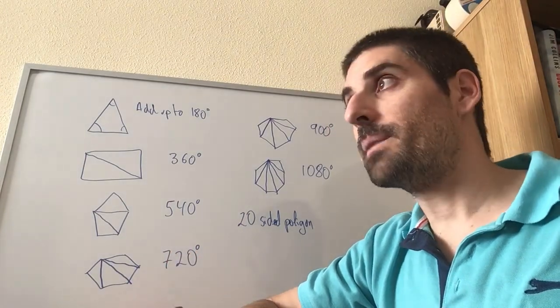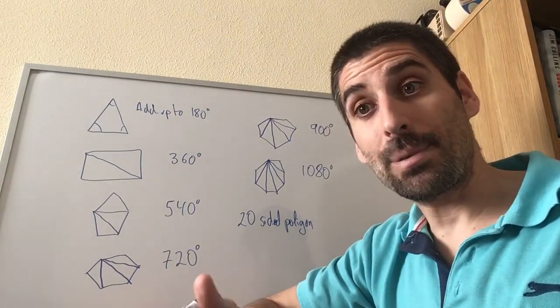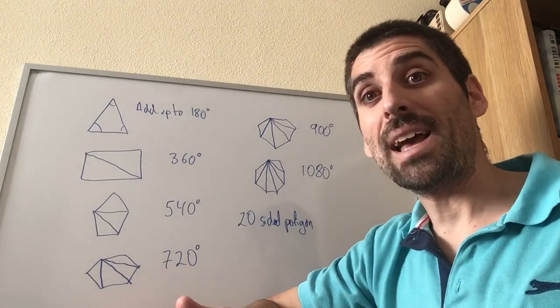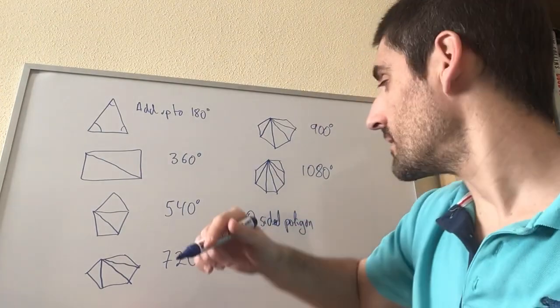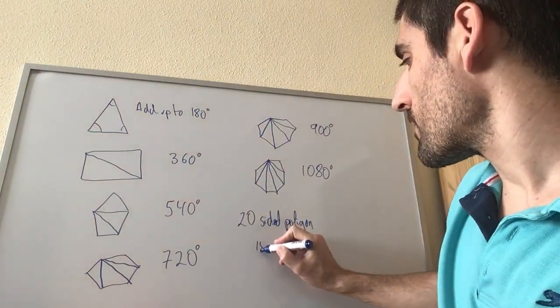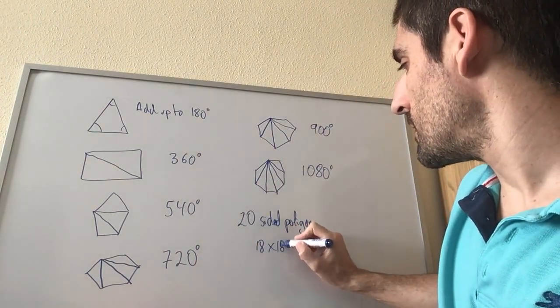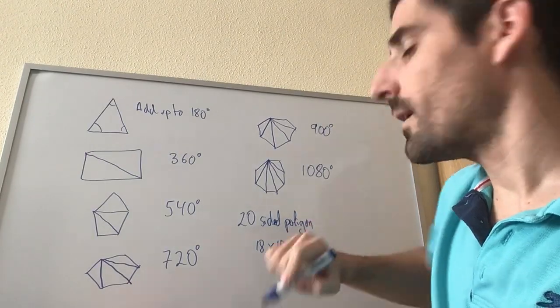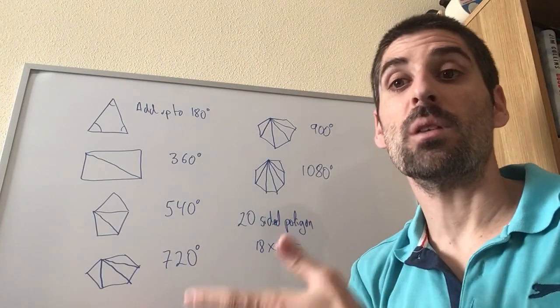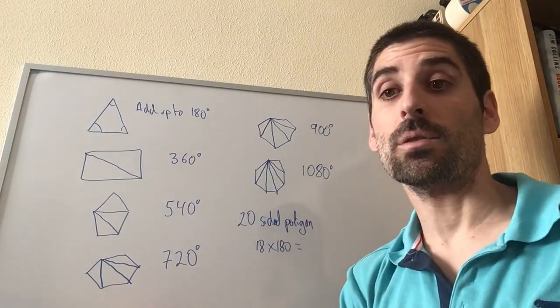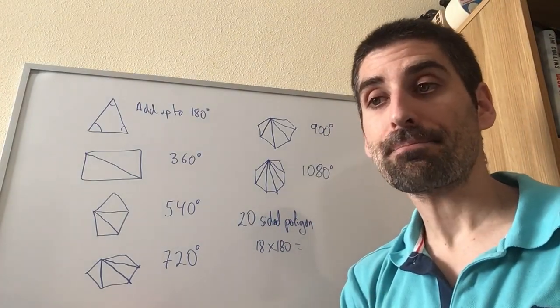Well, we said that the number of triangles I can split it into is 2 less than the number of sides. So if I've got 20 sides, 2 less is 18, multiplied by 180, and that would be however many degrees that is. I haven't got a calculator here, but you can work it out. It's not difficult to do 180 times 18.